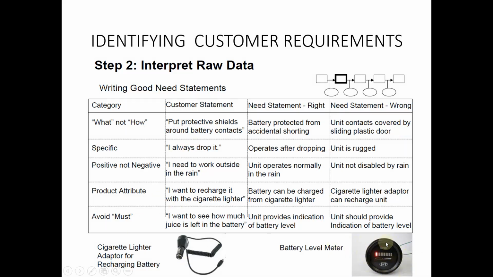The battery level meter is the product, and this is what the customer wants. He is also using a similar product here, but he is not satisfied with it, and these are the requirements that he has stated for a new product. So this much should be kept in mind while writing good need statements.